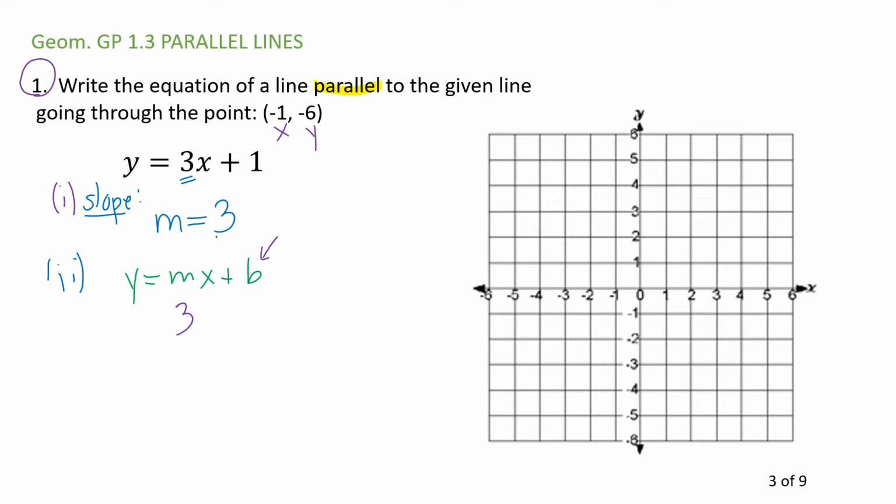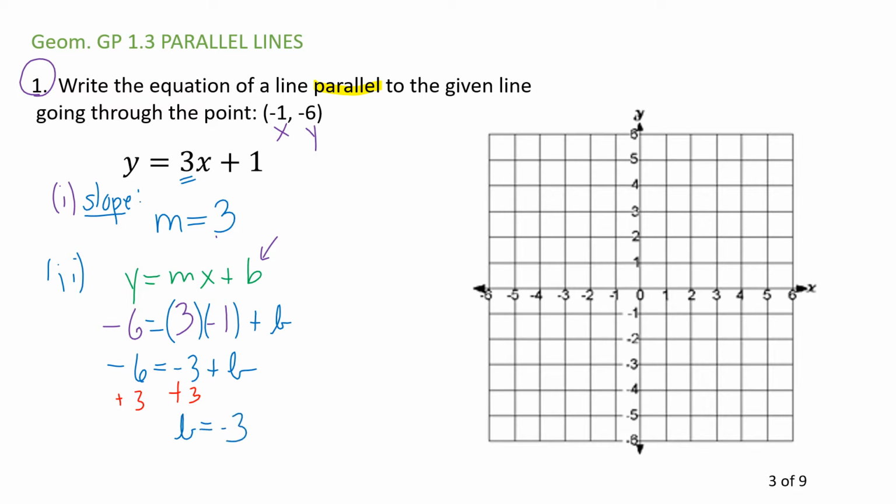Watch. I know that y is -6. I know that x is -1. So y equals mx plus b. I just need to solve this equation for b. And that's the y-intercept.